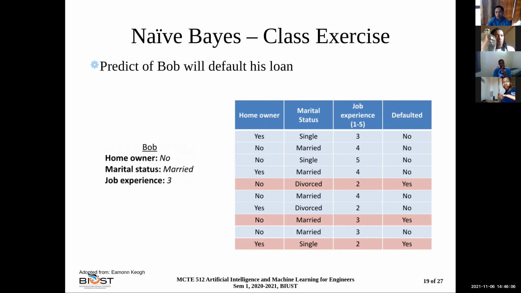That information is very good for the bank, because some people have a high probability of defaulting, of not paying the loan back in full.